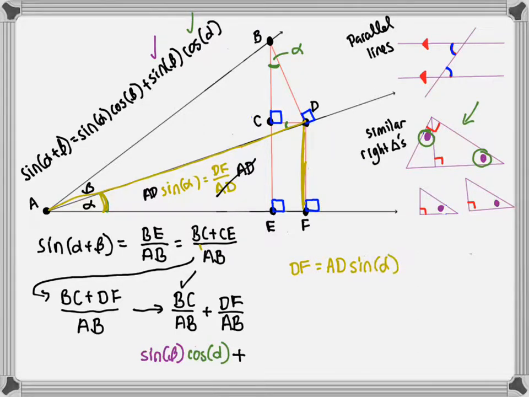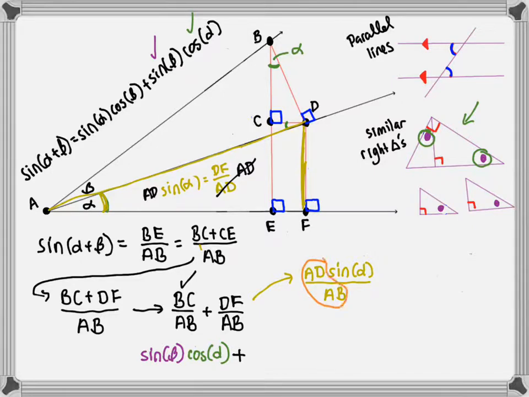Okay, and so that seems like some good stuff, because for the second part, since there is a DF here, I could try to substitute this in and see what shakes loose. I've got a feeling we're going to like the results. And so here we go. Substituting that in for DF, I end up with the other trig ratio there.